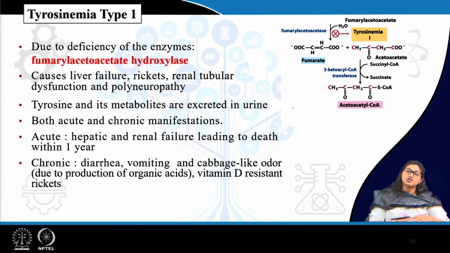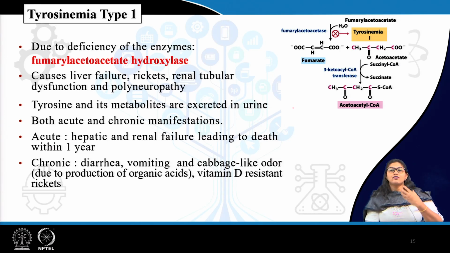Similarly, in the back reaction phenylalanine will also be accumulated, and just like phenylketonuria, that accumulated phenylalanine can form other keto acids. So, accumulation of those organic acids gives a cabbage-like odor.